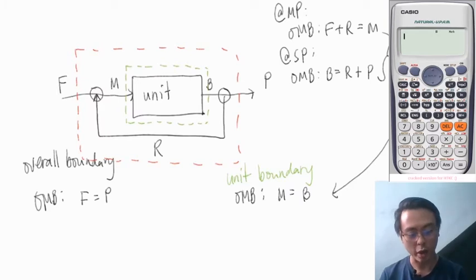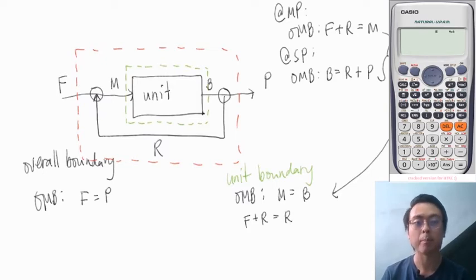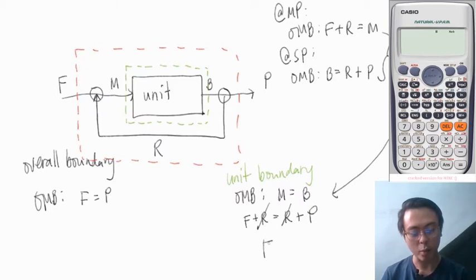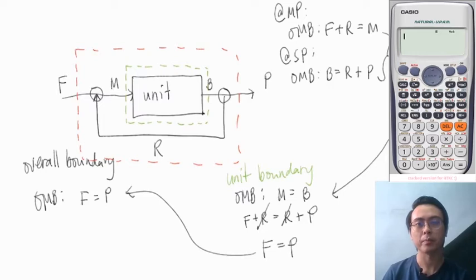So what should that look like? It should look like F plus R equals R plus P. There's your recycle stream. It does appear on the unit boundary. But if we simplify this equation, R cancels, and you are left with F is equal to P, which goes back to your overall boundary.